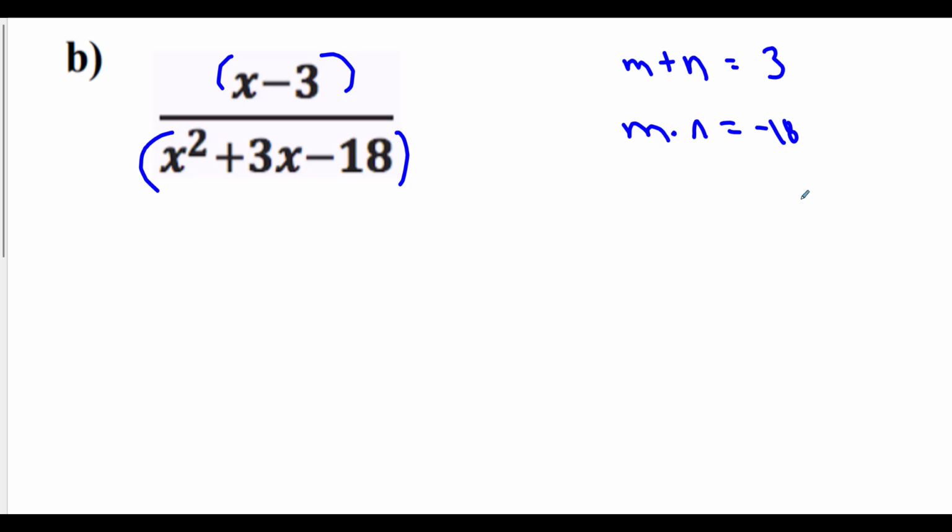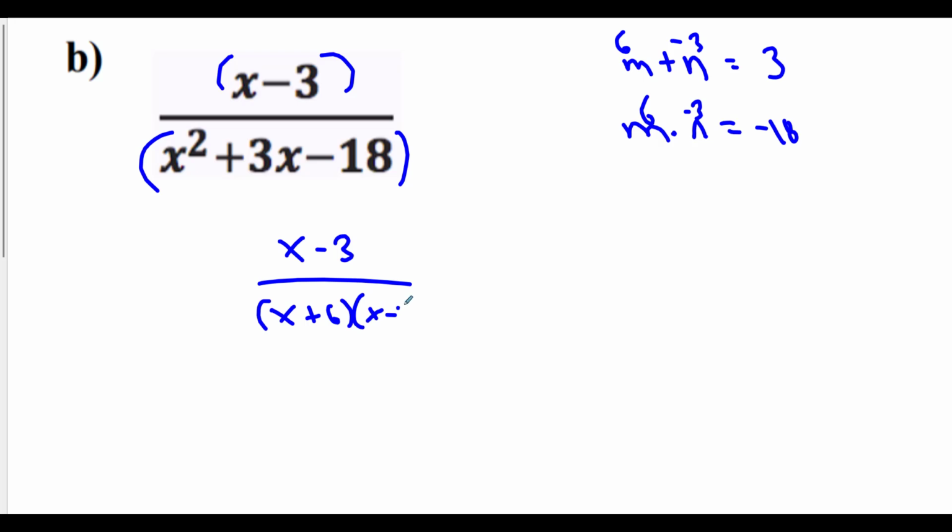And let's see, what can those two numbers be? I have a feeling it's going to be 6 and negative 3. And 6 plus negative 3 is 3, and 6 times negative 3 is negative 18. So this is going to easily simplify to x plus 6 and x minus 3.